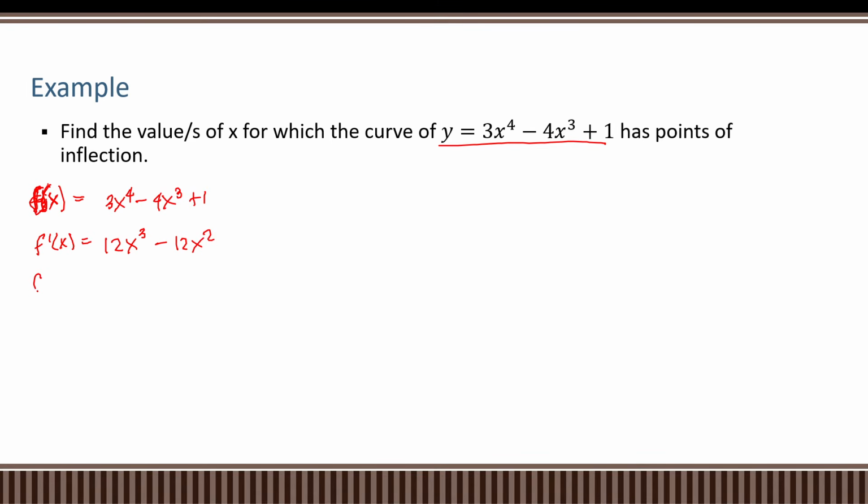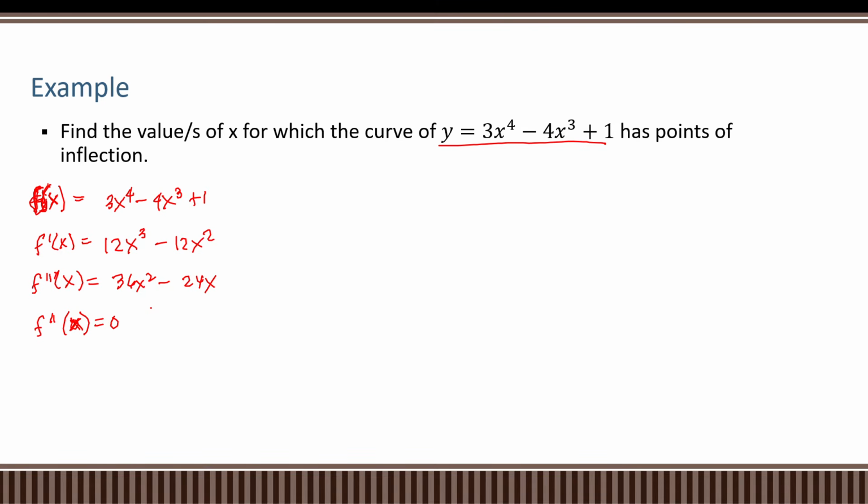In the second derivative test, this is the second step, the second derivative is 36x squared minus 24x. Now in the second derivative, we have to solve for x, and we set this second derivative equal to 0.